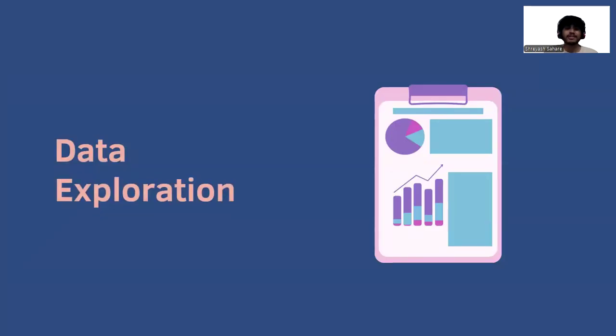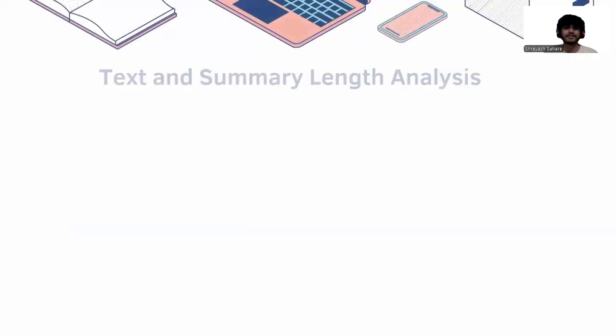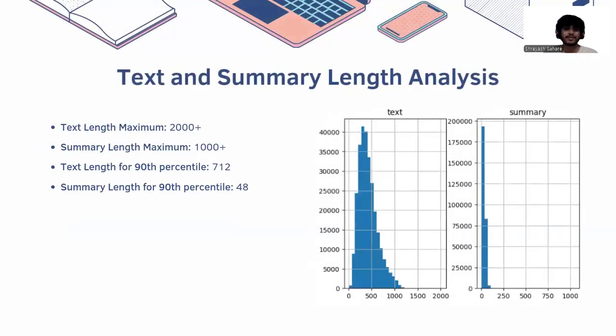Now that we know the dataset we're going to use, let's explore the trends in data using data exploration. Coming to the first type of analysis, which is text and summary length analysis, it compares the lengths of the input texts and their corresponding summaries. As we can see, the maximum text length is beyond 2000 and the maximum summary length is beyond 1000 words, which showcases the variability in data.